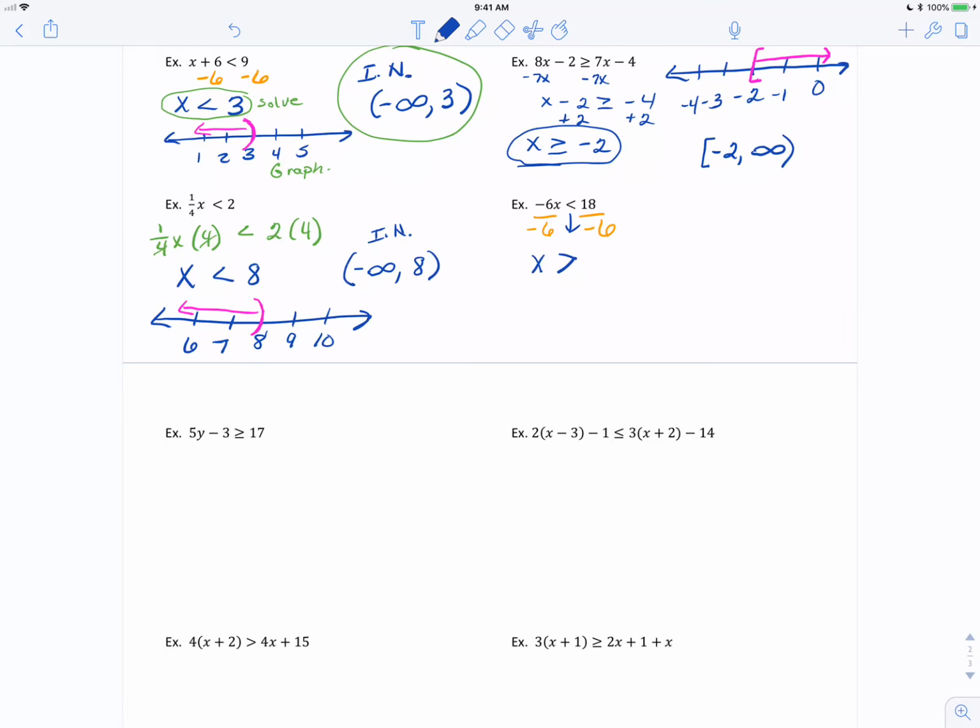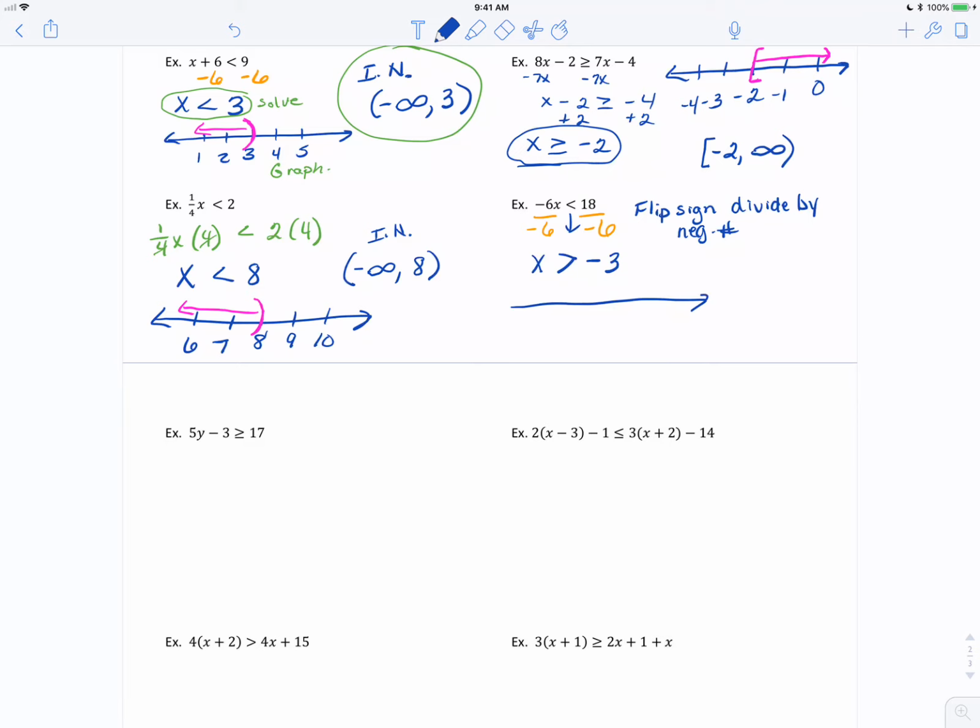It's got to flip because we divided by a negative number. So whatever it takes, make those bells and whistles go off. And divide by negative, automatically go change that sign. So 18 divided by -6 is -3.